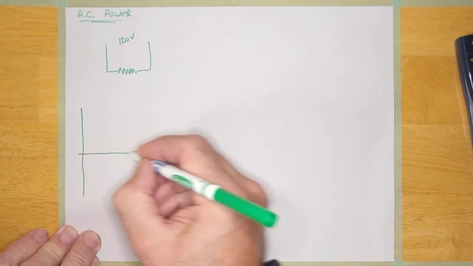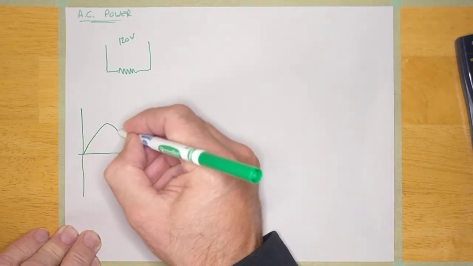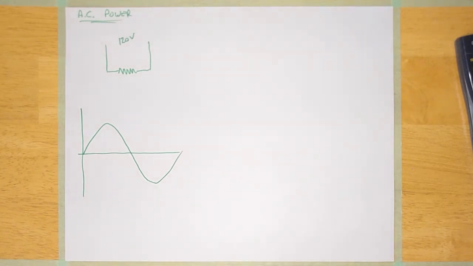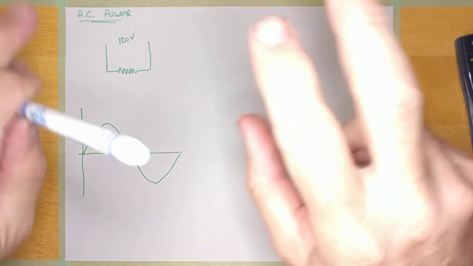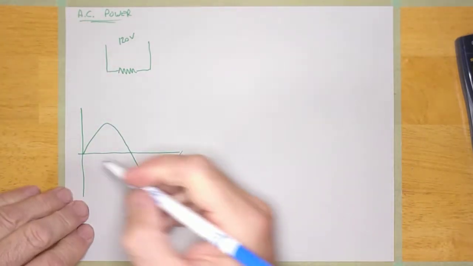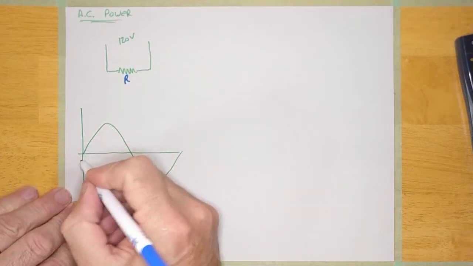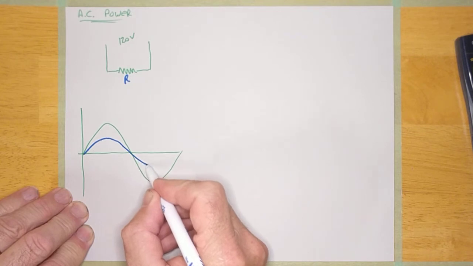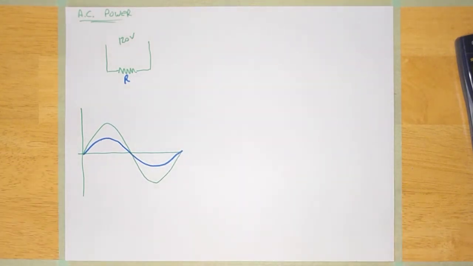So here's my voltage sine wave, and my current sine wave, because this is a resistor, is also going to be a sine wave, nicely in phase like that. All right, and that's pretty simple.